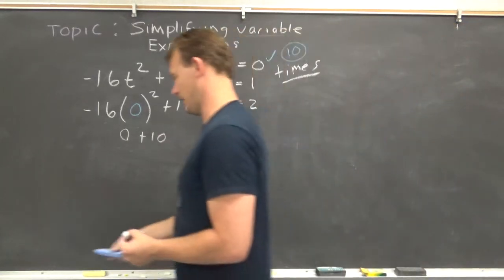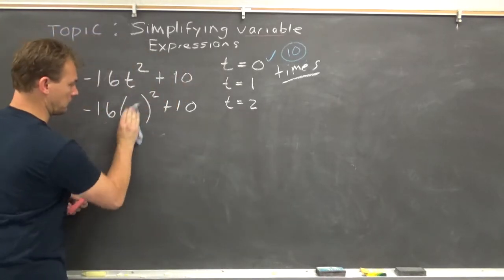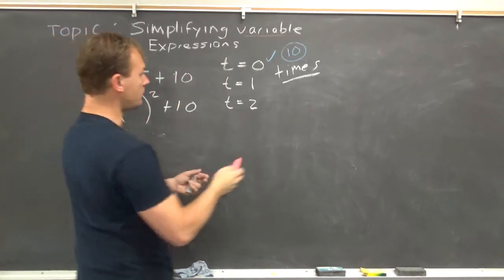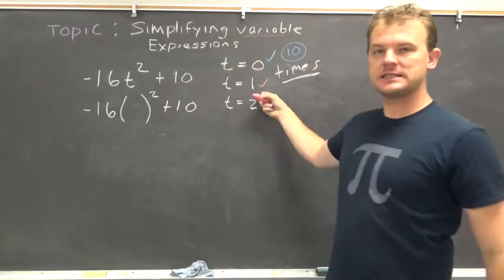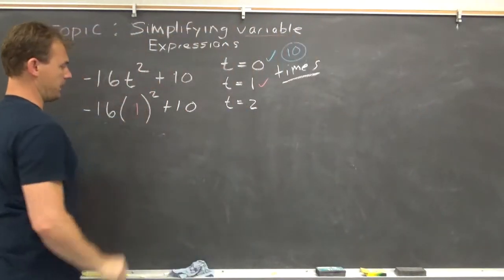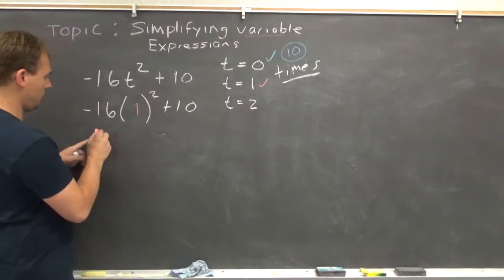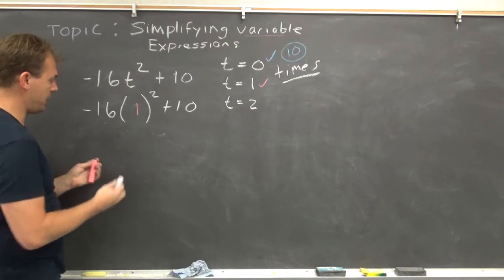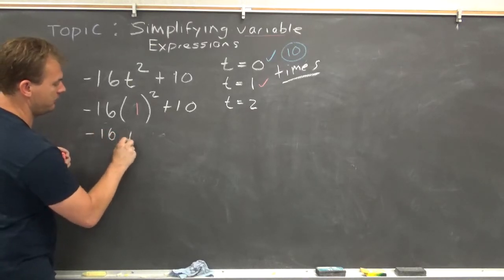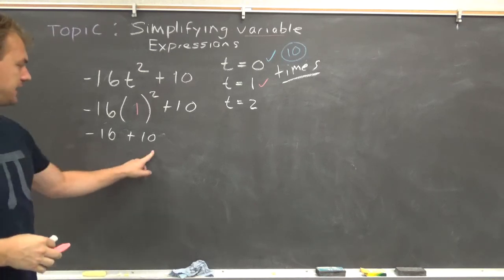What about the second one? Let's put in 1 second. After 1 second, it falls. So 1 squared, 1 times 1 is 1. So we got 1, and we got negative 16 plus 10. What is negative 16 plus 10?